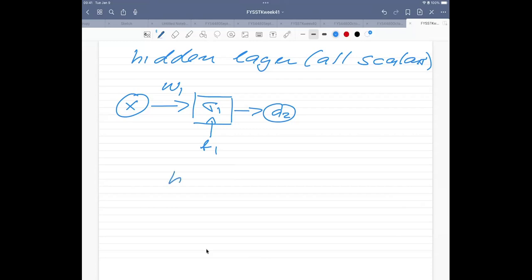So this is my hidden layer. Sorry, not A2, this is going to be an A1 here. Sorry for that. This feeds into the next layer, and this is the output layer.